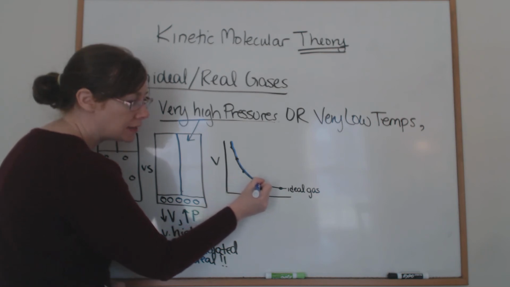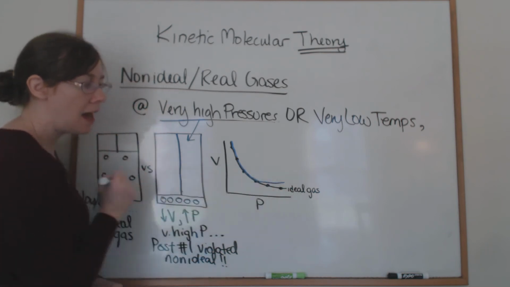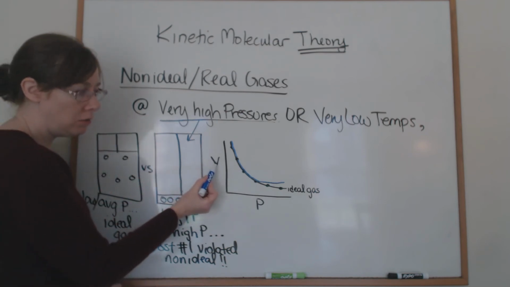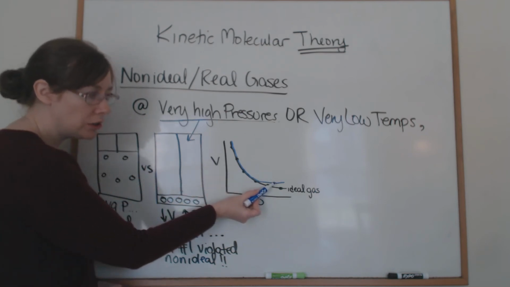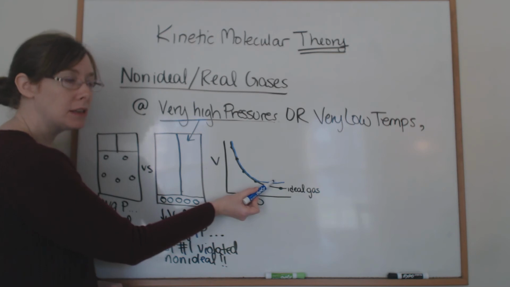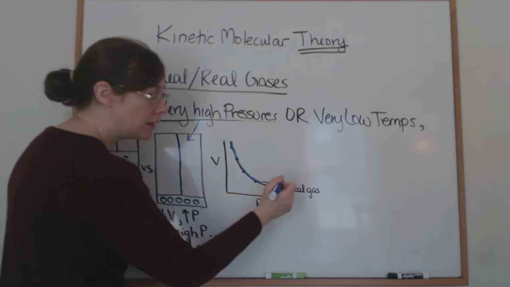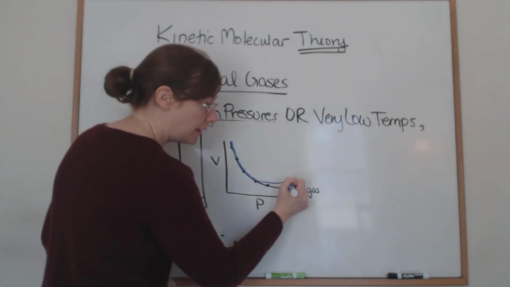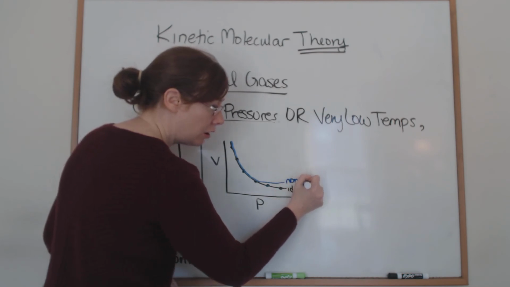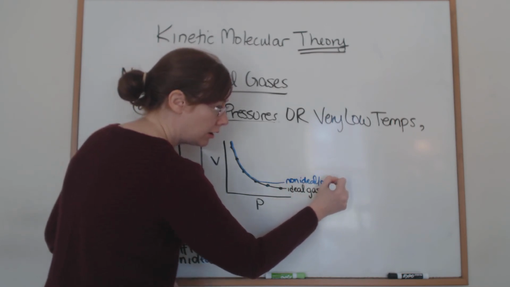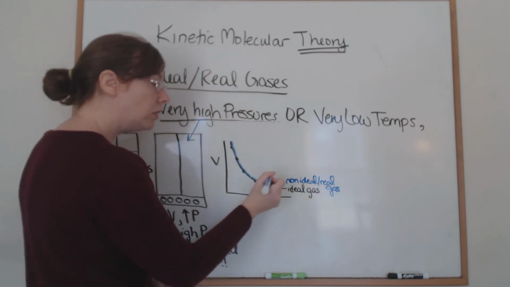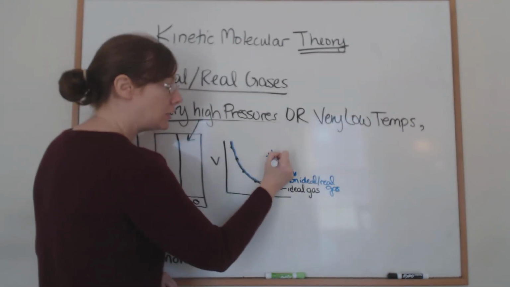But as the pressure gets high, what's going to happen is the volume is actually going to be larger than what you would predict for an ideal gas. So let's go ahead and write this as a non-ideal or real gas. And what you're looking at here is called a positive deviation.